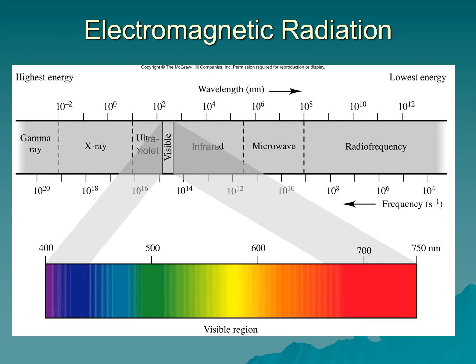Electromagnetic radiation runs from highest energy gamma radiation to lowest energy radio frequencies, and NMR uses some of these, the infrared uses that, and then the UV uses that.